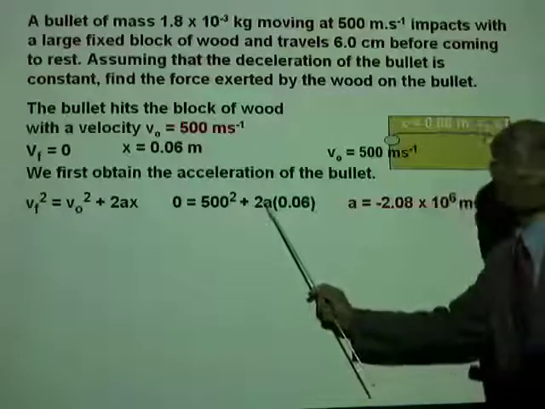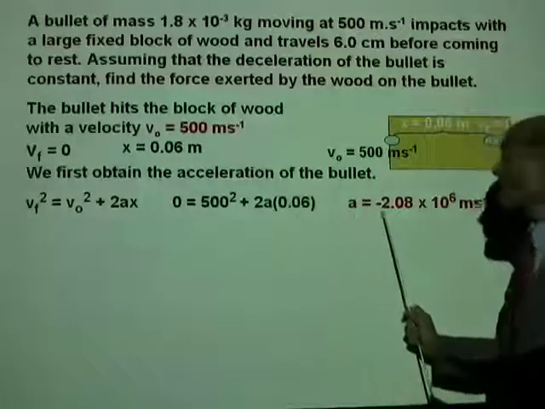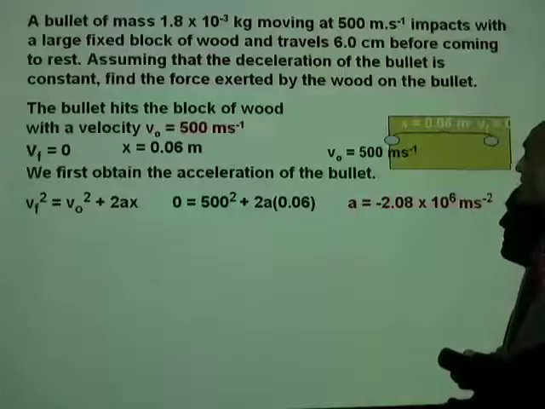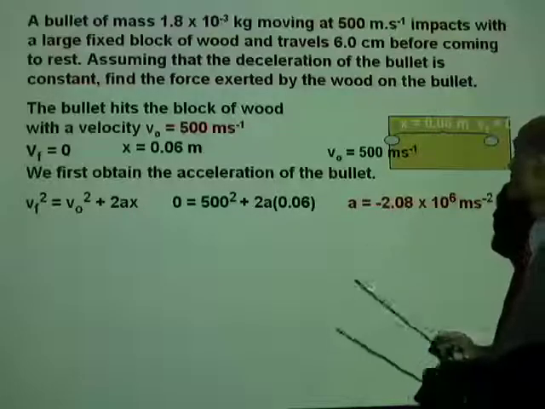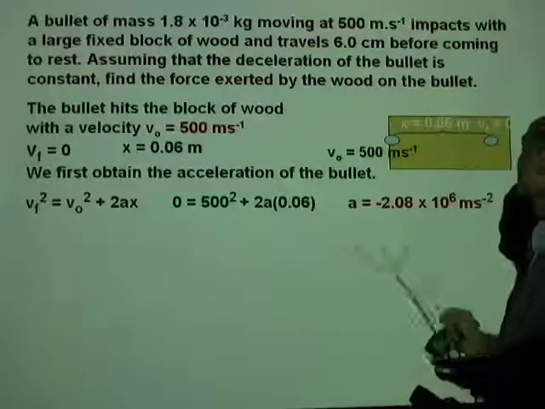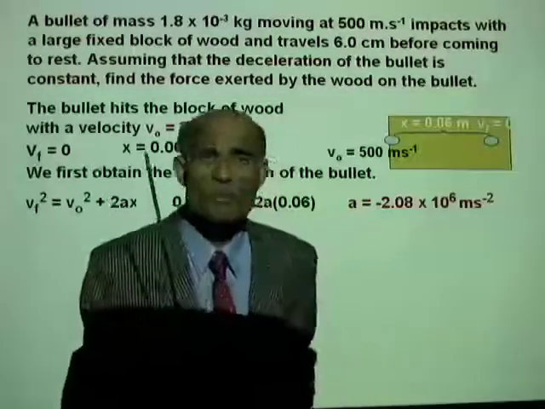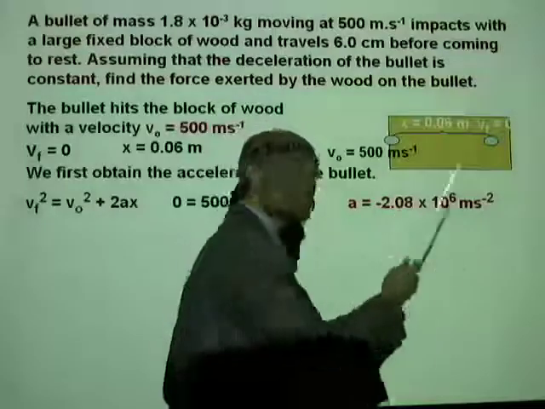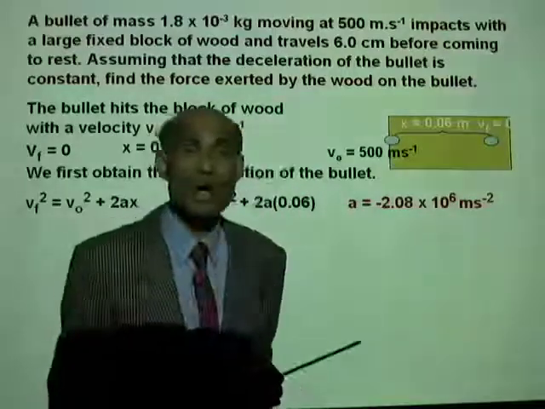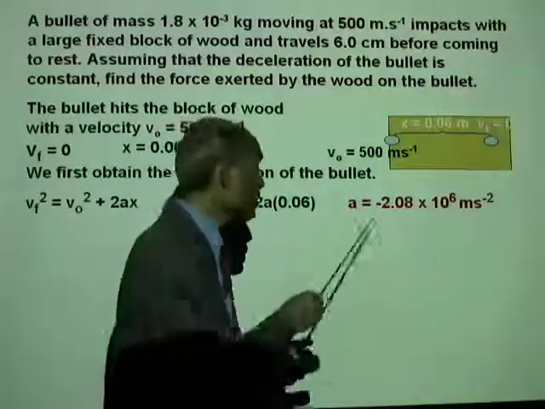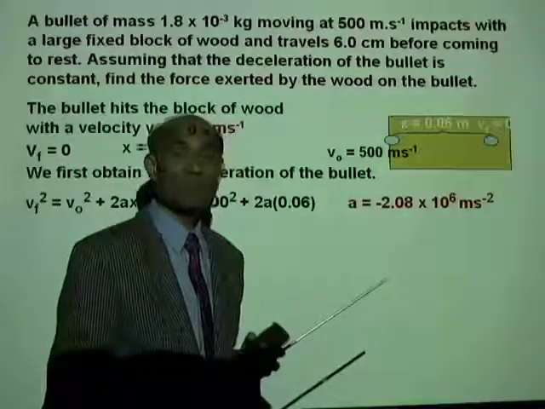I'm going to leave it for you to solve on your own. I got a equal to negative 2.08 times 10 to the 6 meters per second squared. That is a tremendous acceleration. Negative means it is directed opposite to its velocity. So this is the acceleration.